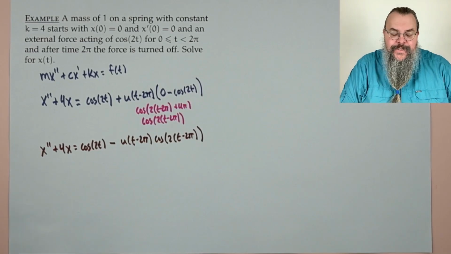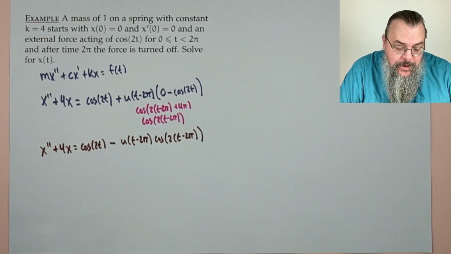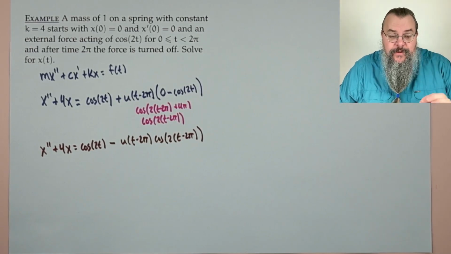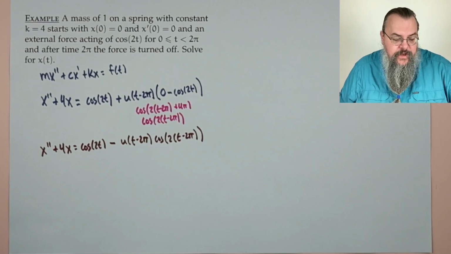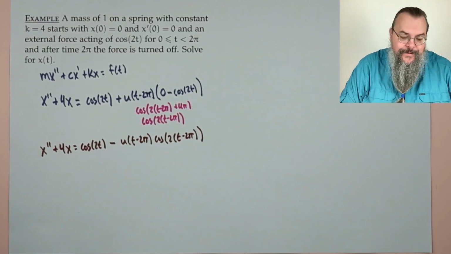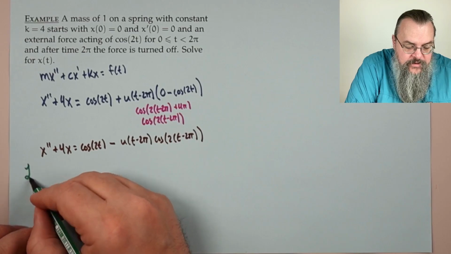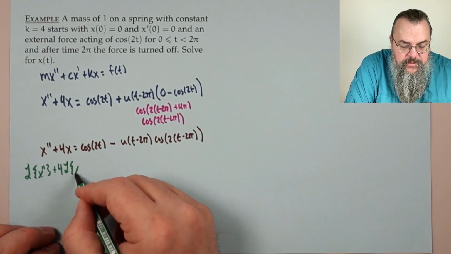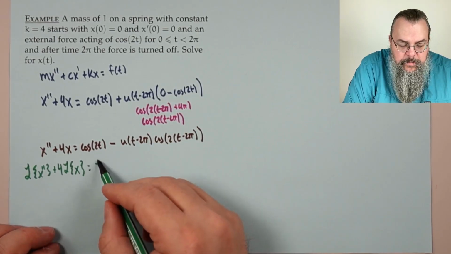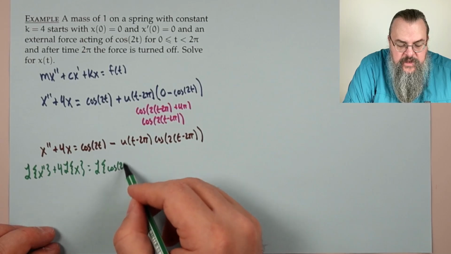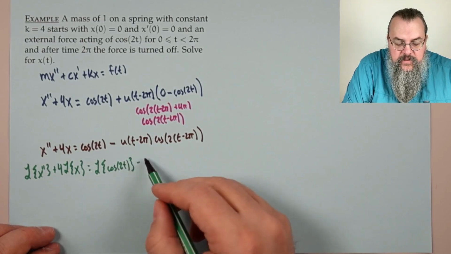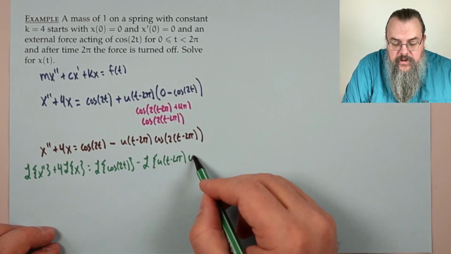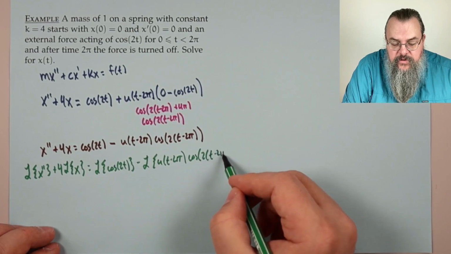All right, so what happens? Well, we're ready to take the Laplace transform. We've set up our differential equation. We did some work to make sure it was ready to take the Laplace transform, and so we take the Laplace transform. All right, so the Laplace transform of x double prime plus 4 times the Laplace transform of x is the Laplace transform of cosine 2t minus the Laplace transform of u(t minus 2 pi) cosine 2(t minus 2 pi).